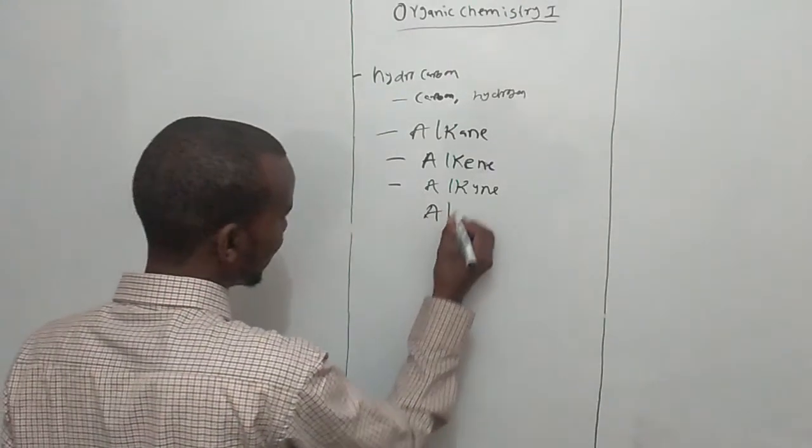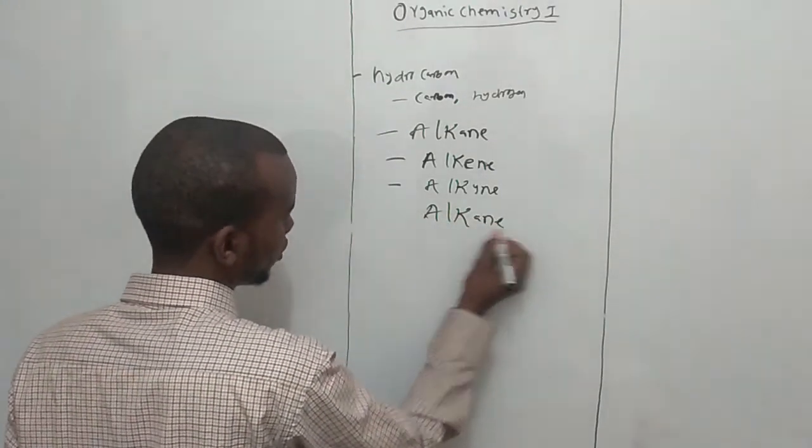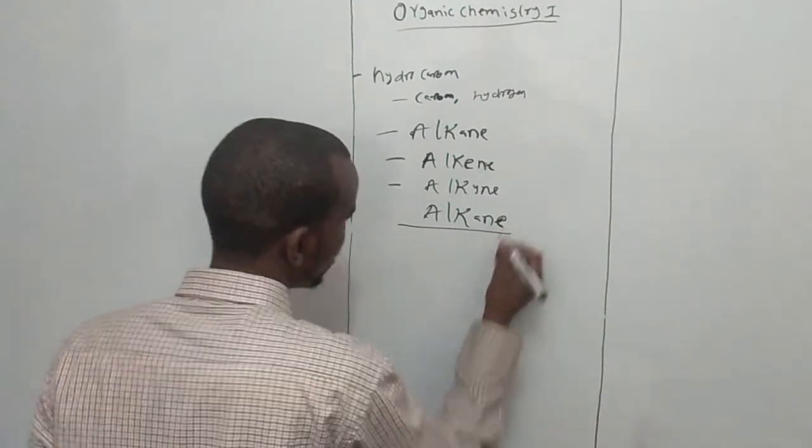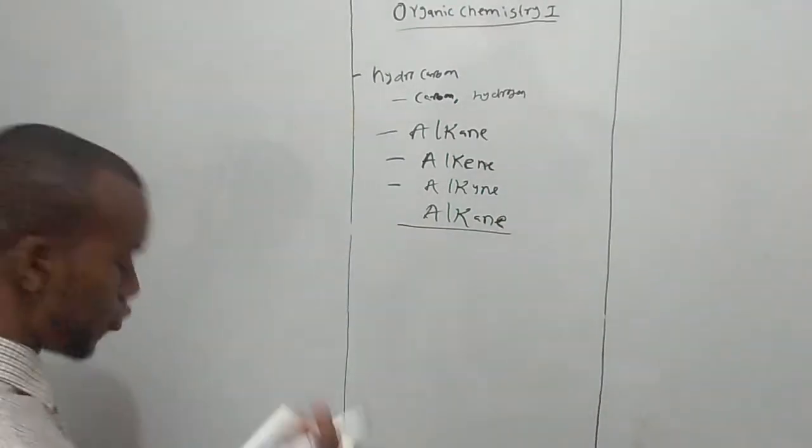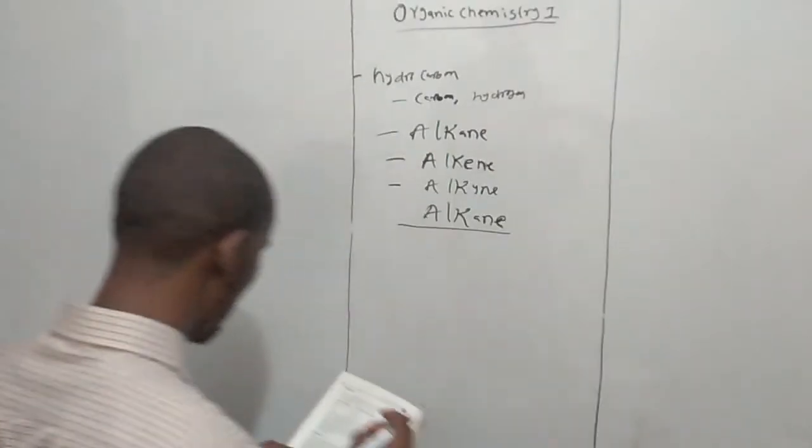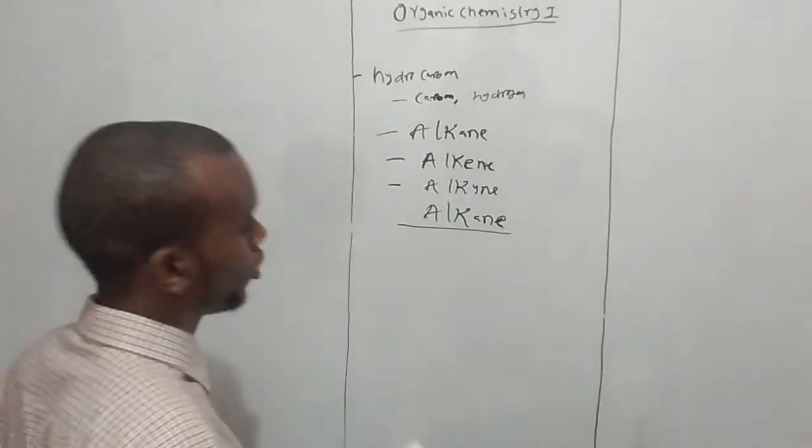If we begin with alkane, know that alkanes are a group of hydrocarbons whose carbon atoms are linked by a single covalent bond.